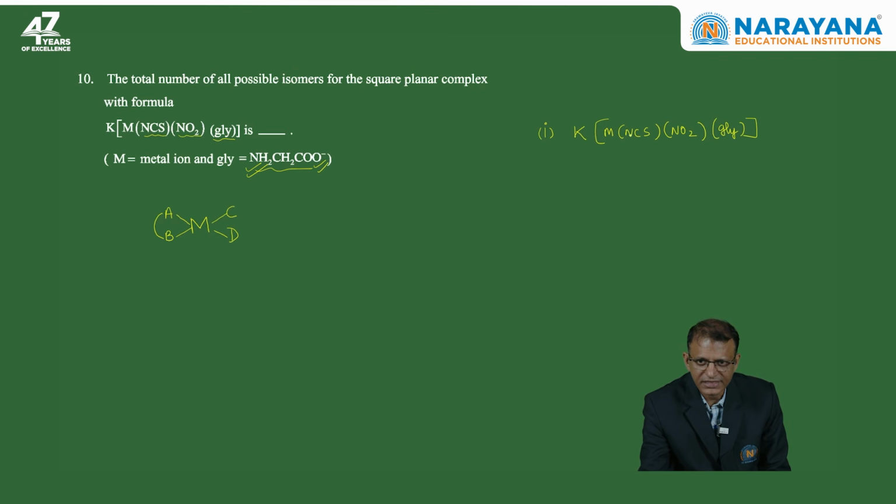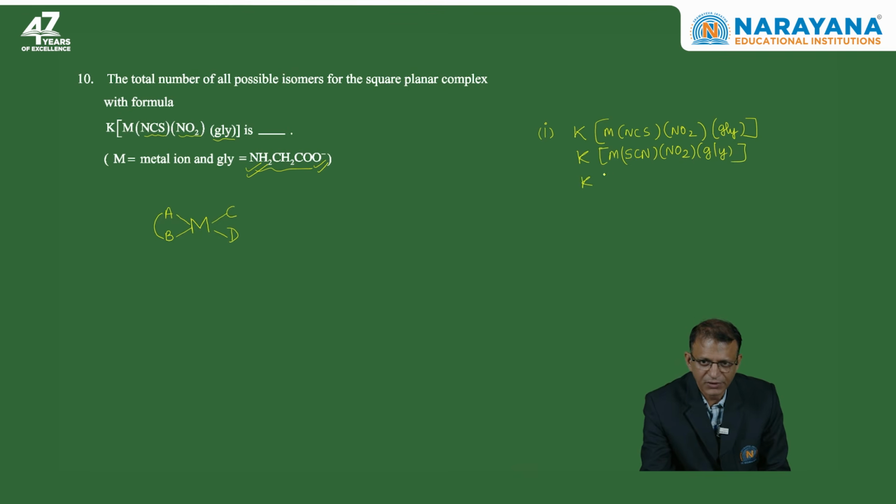Now the other is I can make the linkage isomer of NCS. Here the donor atom is nitrogen. If I reverse it, the donor atom will be sulfur. So I can write that this is M SCN, NO2, GLY. This is another linkage isomer to the first one.